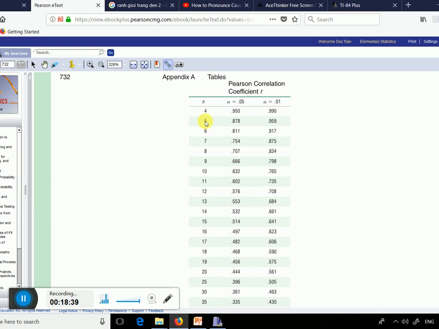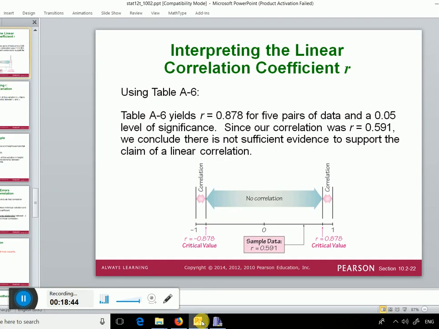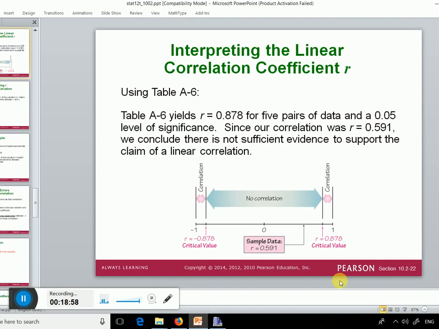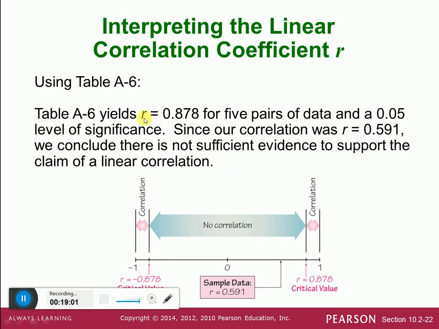We have 5 pairs of data, right? 5 pairs for the zoo. 5 pairs of data, and if I take 0.05 level of significance, then I have 0.878. That's why here my R is 0.878 for 5 pairs of data at 0.05 level of significance.